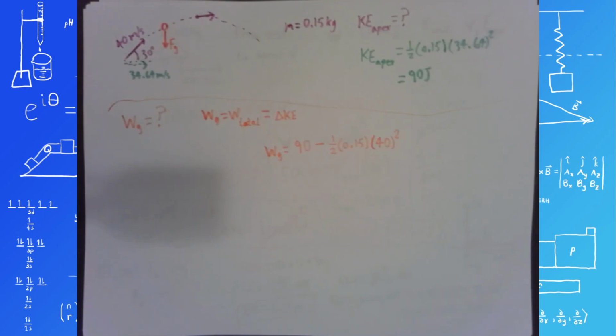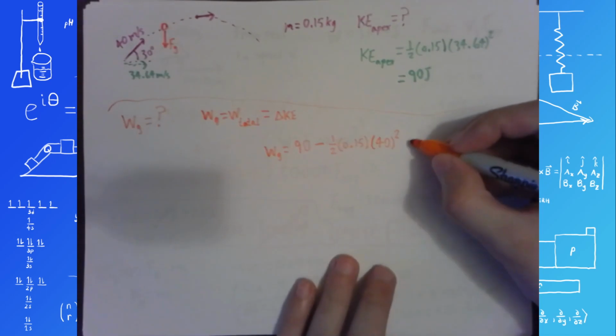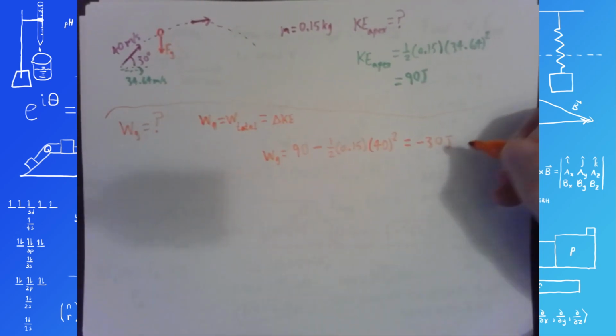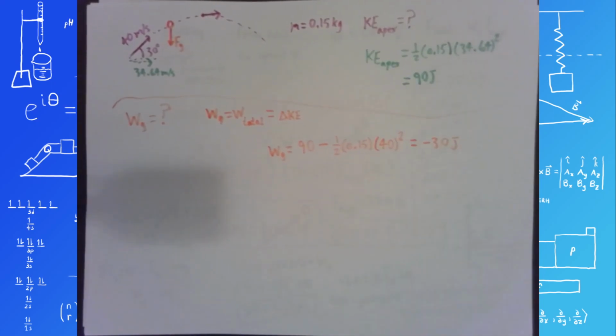And if I go ahead and do that math, 1/2 times 0.15 times 40 squared is 120. 90 minus 120 is negative 30. Negative 30 joules. The work done by gravity is negative 30 joules. If I asked how much energy is lost against gravity, then you would just say 30 joules without the negative sign.